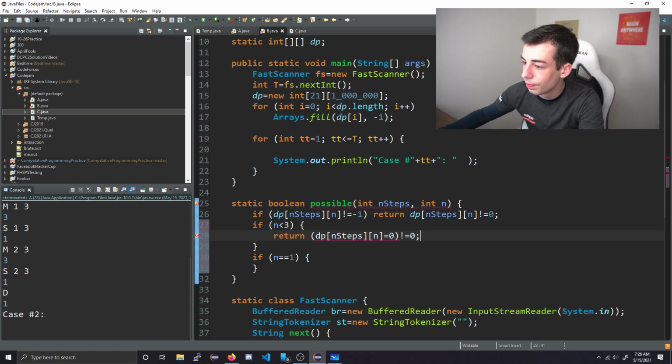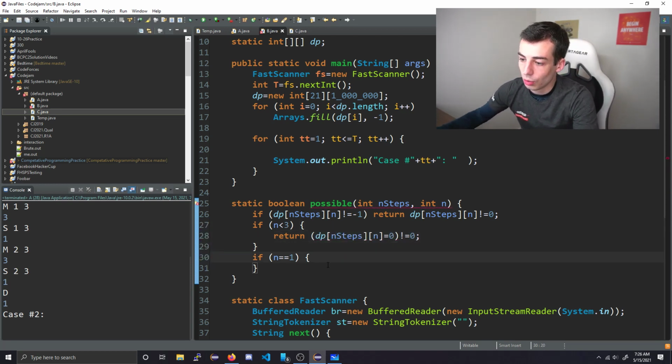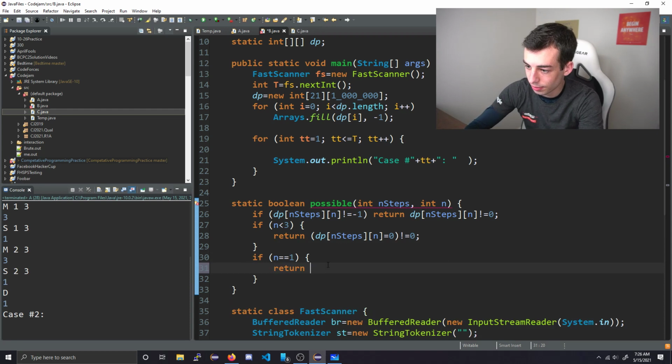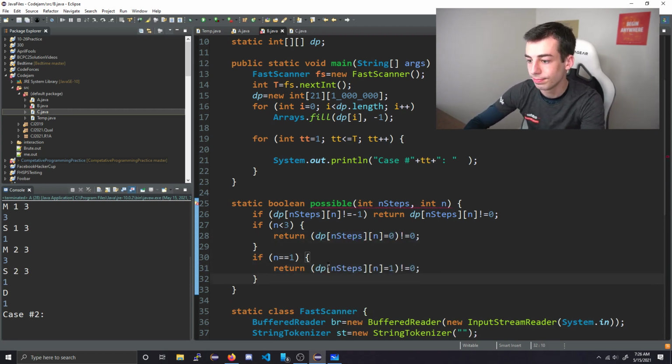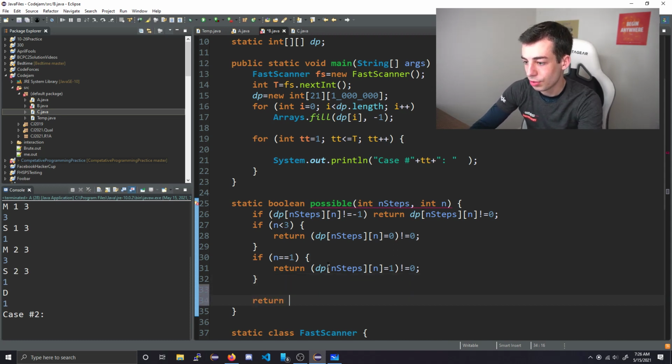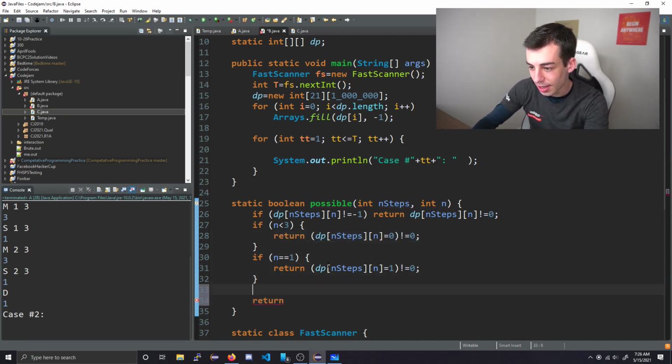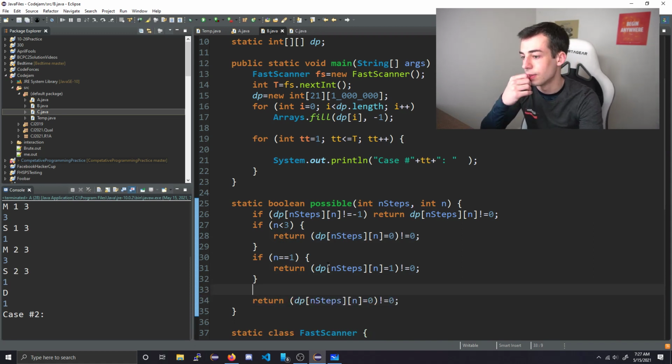It's not equal to 0. Otherwise, return true. Otherwise, return false if we can't ever find something to use. Oh man, this is going to be slow, isn't it? Maybe. We'll see. Possibly slow.